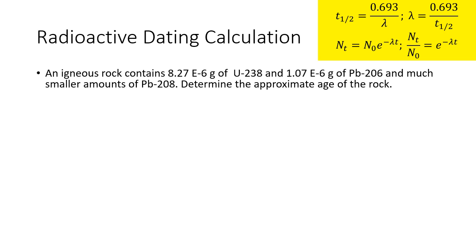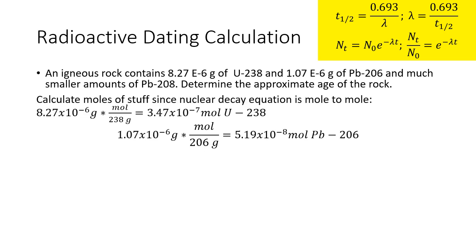So let's go back to our nuclear equations. In order to figure out the balance of this stuff, we know that we have to put it in moles, because our nuclear decay equation is a mole-to-mole ratio. So you go ahead and you divide the mass of uranium-238 by 238 grams per mole, and you get 3.47 times 10 to the negative 7 moles of uranium-238.